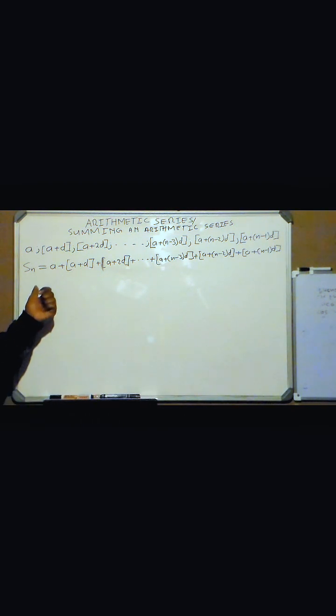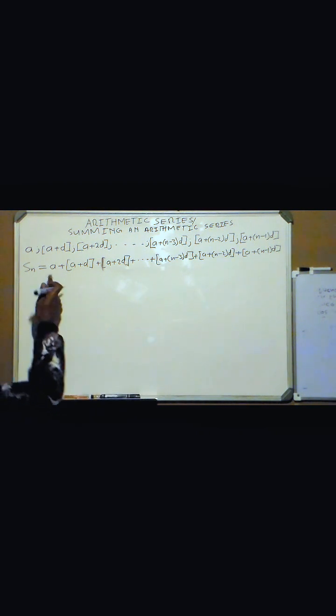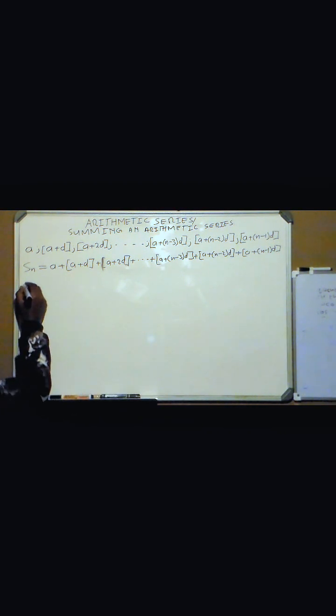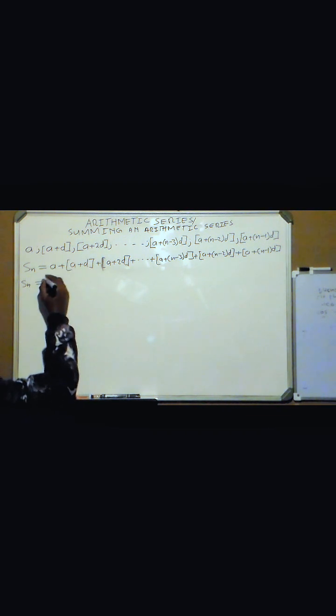Now we have to write this series in reverse order, starting with the last term and ending with the first term. So this would be S sub n equals the last term.